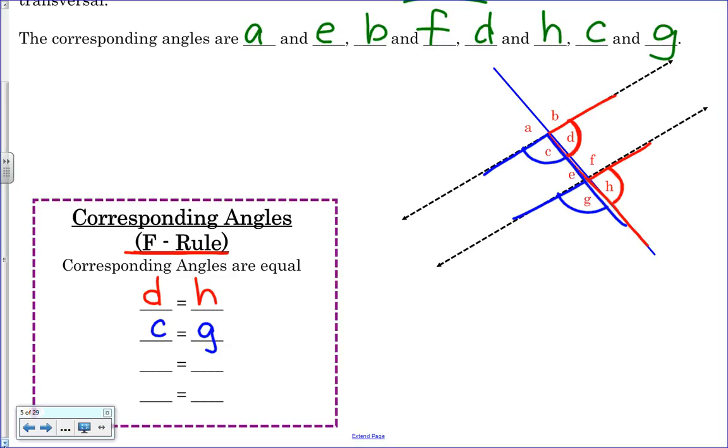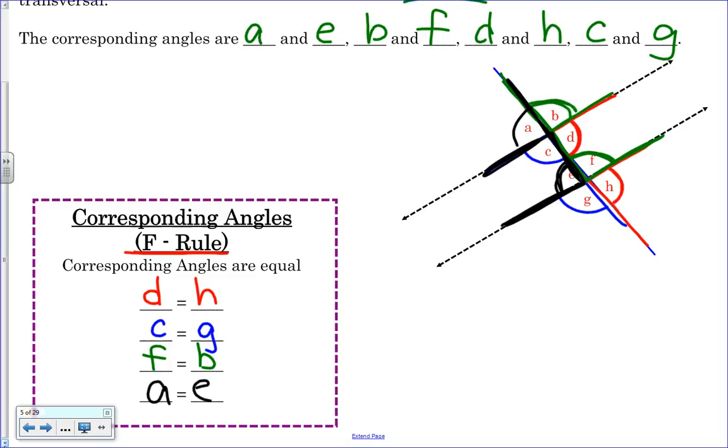So I'm going to take my red F and flip it upside down here. So that tells us F and B are going to be the same angle. And then the last one would be upside down and backwards. Now we're looking here, and that will allow you to see that A and E are exactly the same.